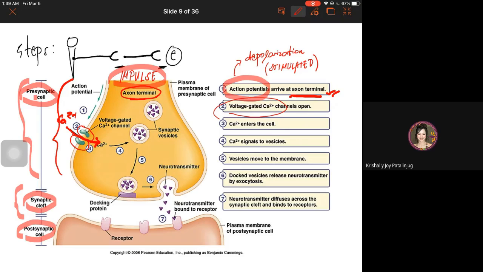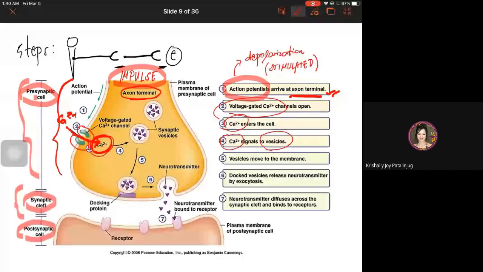Now, question, ano ba ang function ng calcium in relation to these processes? Take note that calcium causes movement of the stored form of neurotransmitters or the vesicles. Kapag present na siya inside the presynapse, that will tend to signal vesicles.